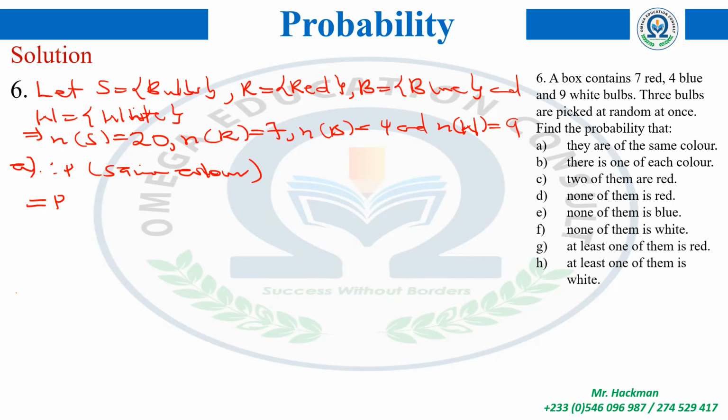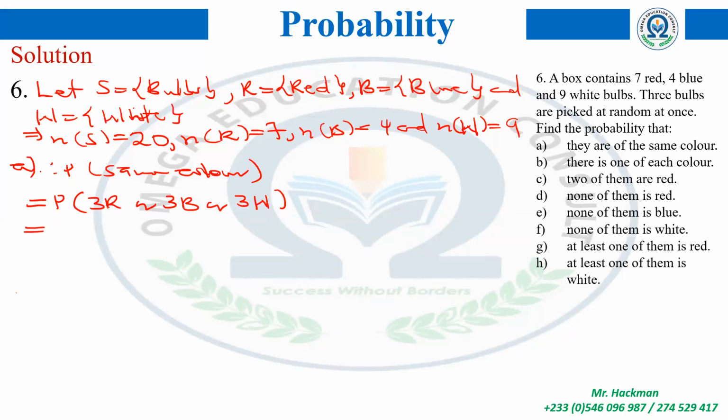3. So we are going to have 3 red, or 3 blue, or 3 white. Okay, then you close it. I hope you are following.